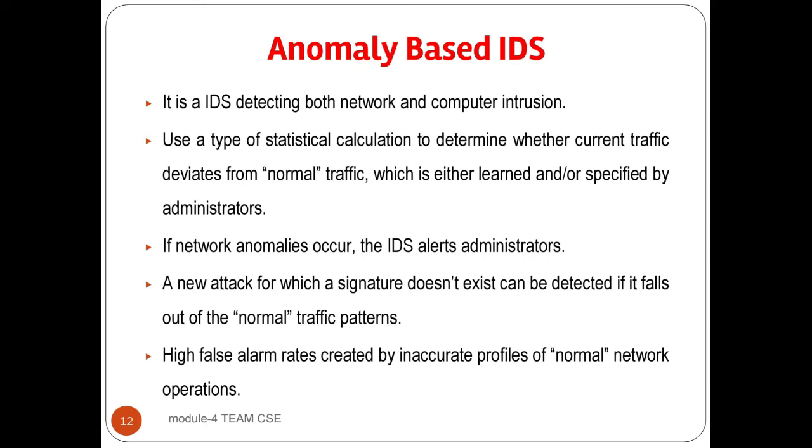If network anomalies occur, the IDS alerts the administrators. A new attack for which a signature doesn't exist can be detected if it falls outside the normal traffic patterns. A drawback is high false alarm rates created by inaccurate profiles of normal network operations.